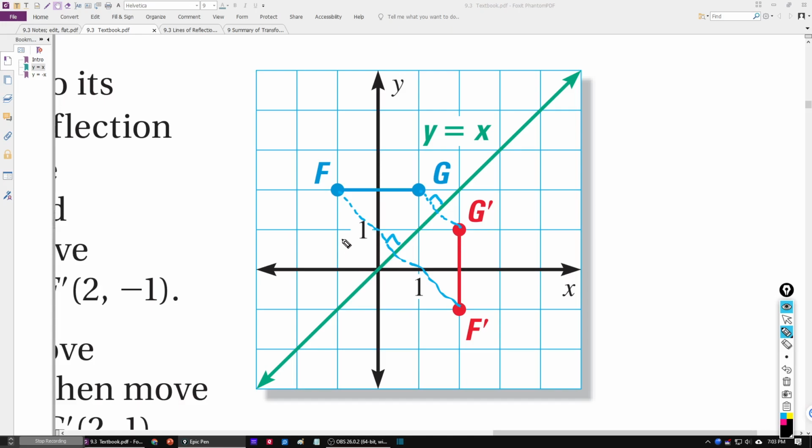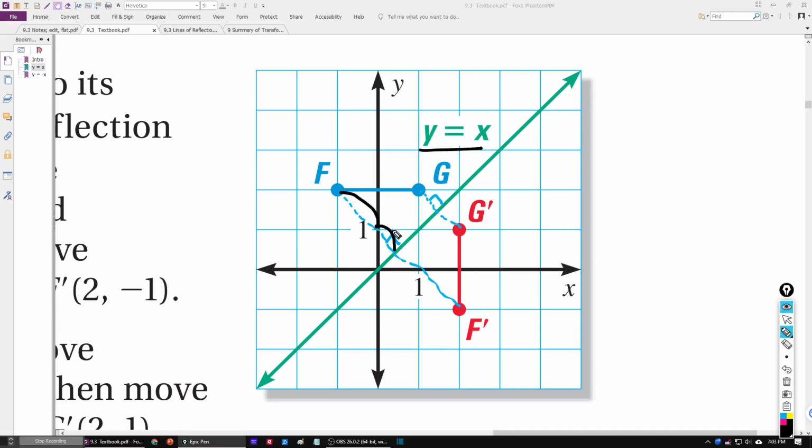When we reflected over the y-axis, we counted horizontal blocks. When we reflected over the x-axis, we counted vertical blocks. So the only thing different now, when we have a diagonal line of reflection, is that we count diagonal blocks. A little bit strange, but we need to count diagonal blocks.